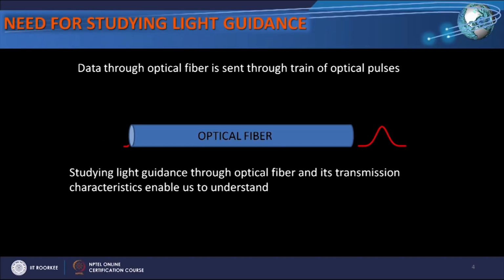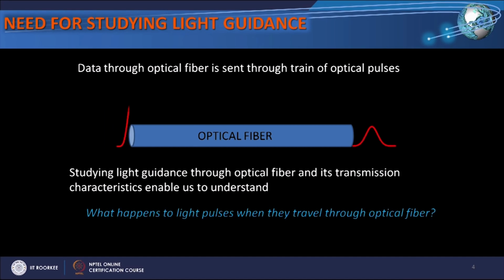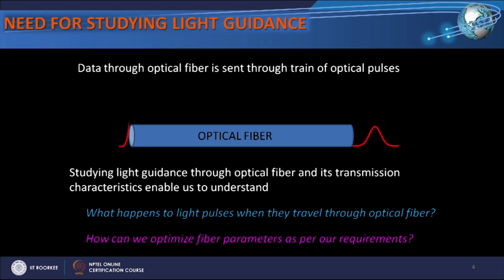So, studying light guidance through optical fiber and its transmission characteristics enable us to understand, number 1, what happens to light pulses when they travel through optical fiber, and number 2, how can we optimize fiber parameters as per our requirements.